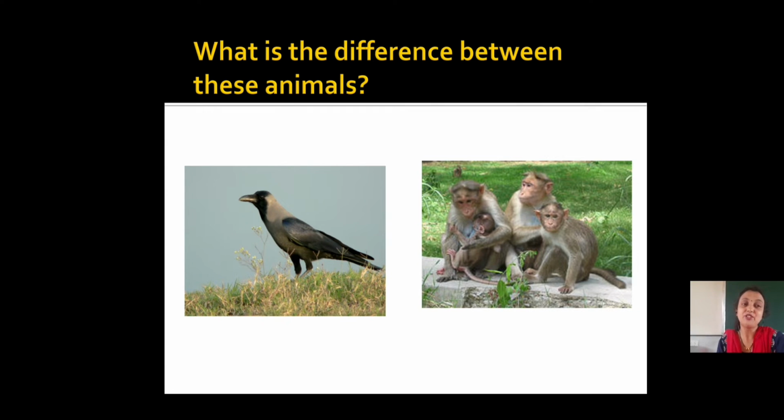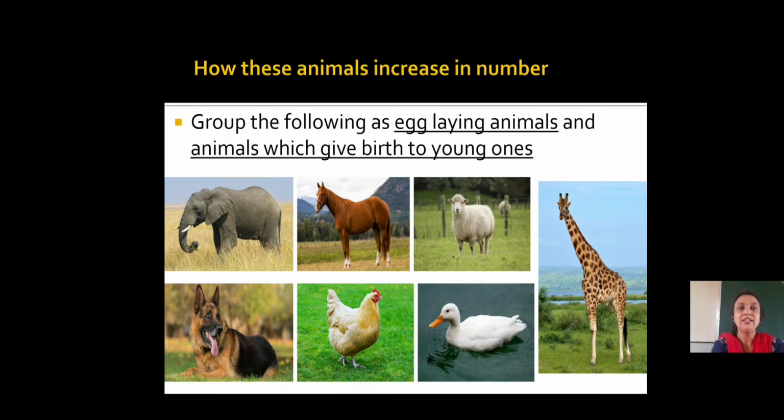So what is the difference between these animals? In the first picture we can see a bird whose body is covered with feathers and which doesn't have ears, and in the other picture of monkeys you can see the monkey's body is covered with hair and it has ears. Now let's see how these animals increase in number.